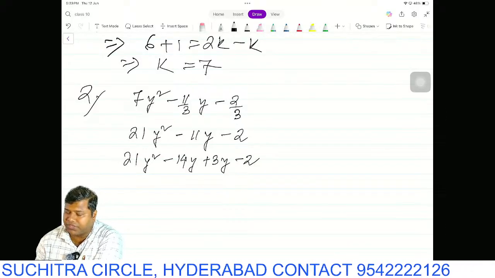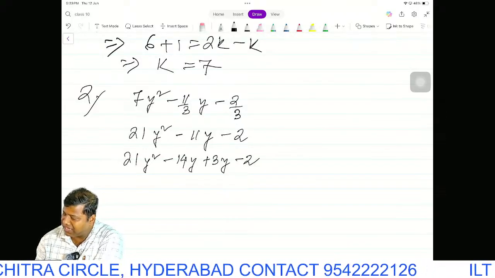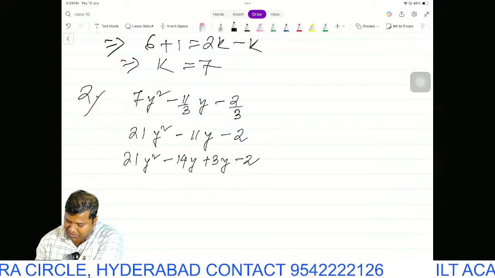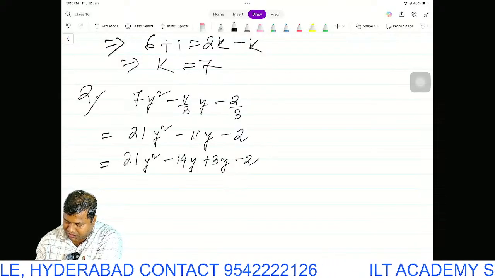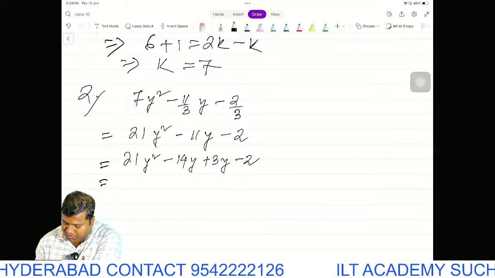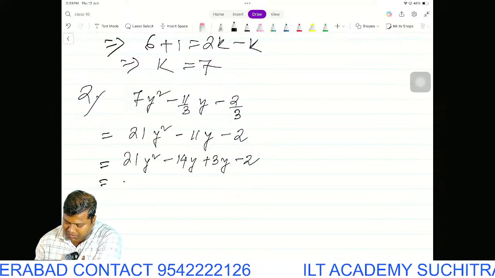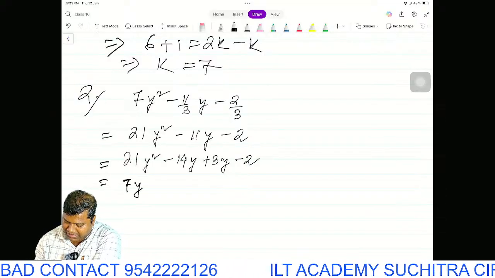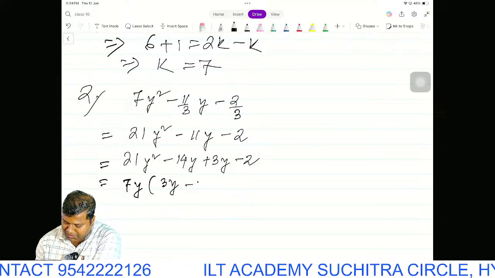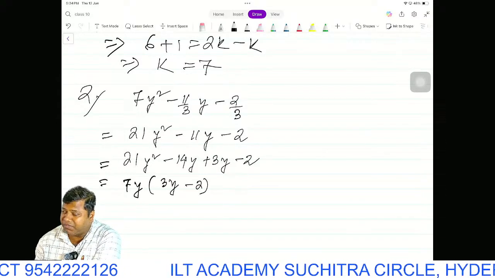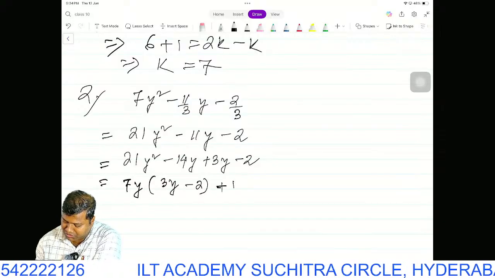From the first two we can take 7y as common. So this is equals to 7y. If I take as common, then it will be 3y minus 2, and from the remaining two numbers I can take plus 1 as common.